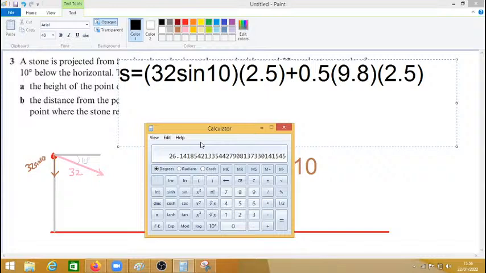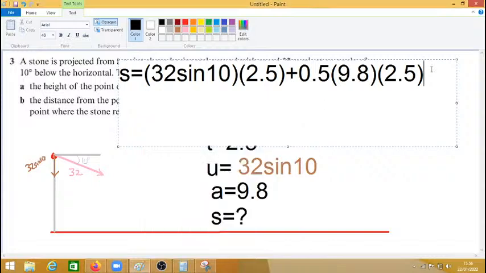Ah, the squared. I haven't got the squared on, so that final 0.5 times 9.8, that should be, it's s equals ut plus half at squared. That should be a 2.5 squared. So let me try that again. To get a squared on this, I'm just going to put a little arrow to show the 2.5 gets squared.